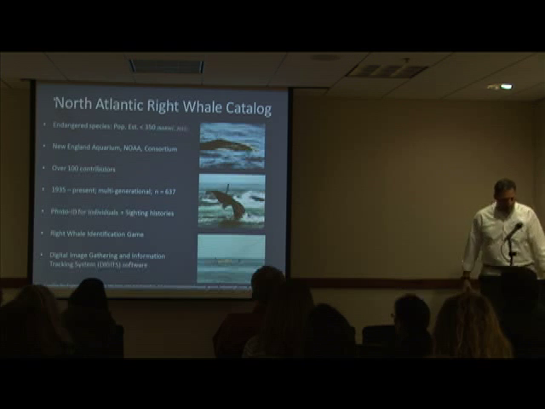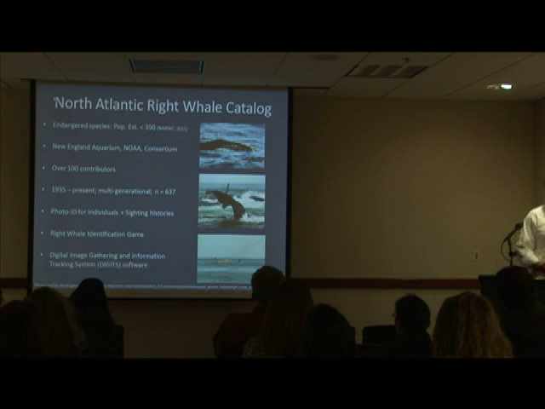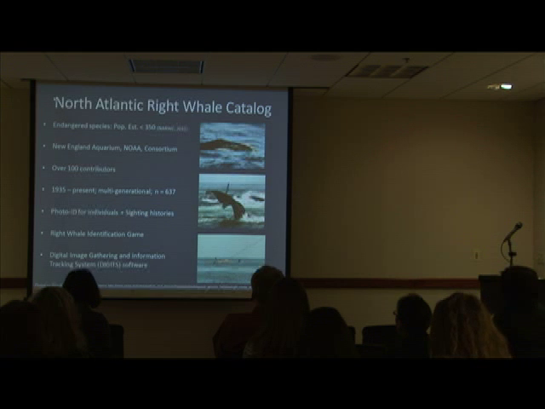So now I want to jump right into some examples of catalogs that are online, the first being the North Atlantic right whale catalog. This one is housed with the New England Aquarium, and they support it along with NOAA and a consortium of organizations. There are over 100 contributors that have data in this catalog from 1935 to the present.